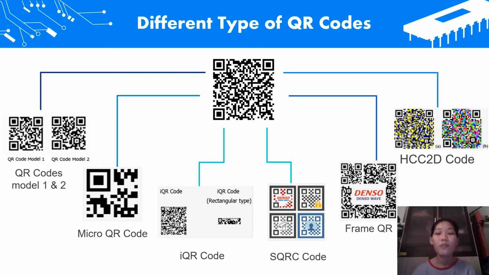The last one is HCC2D code. The high-capacity color two-dimensional code is still in the prototyping phase and has been proposed by researchers to preserve QR robustness to distortion. It uses color to increase data density and to cope with chromatic distortion, and uses an additional field called the color factor method.